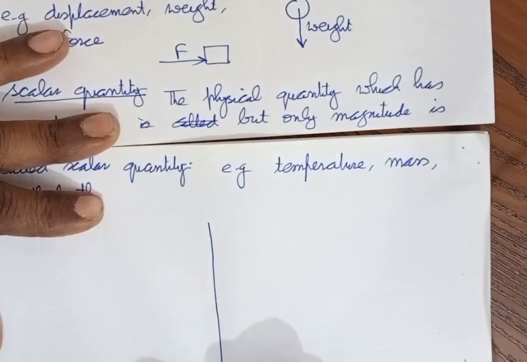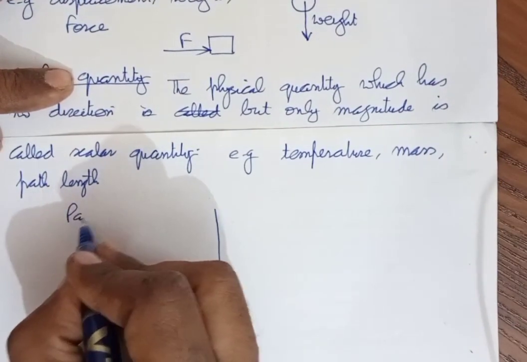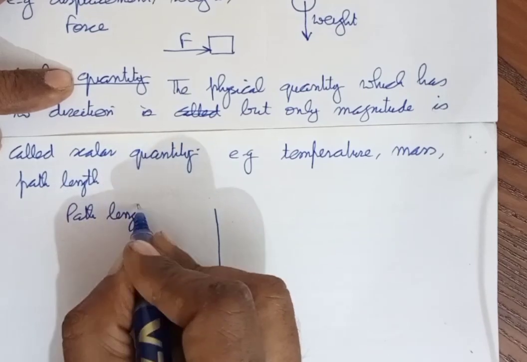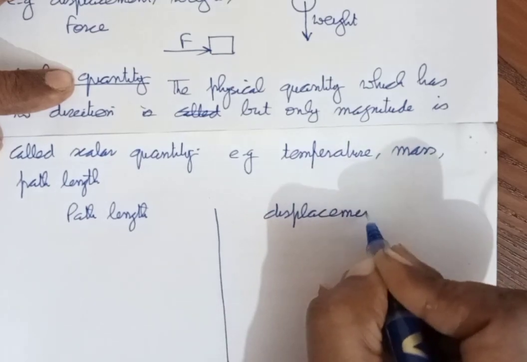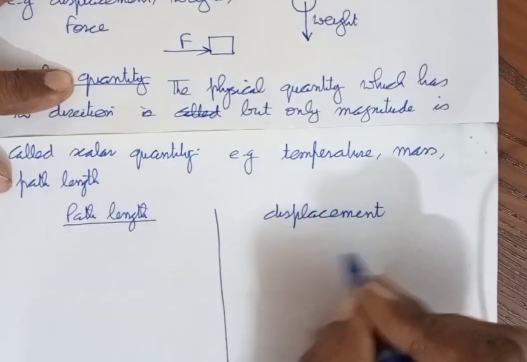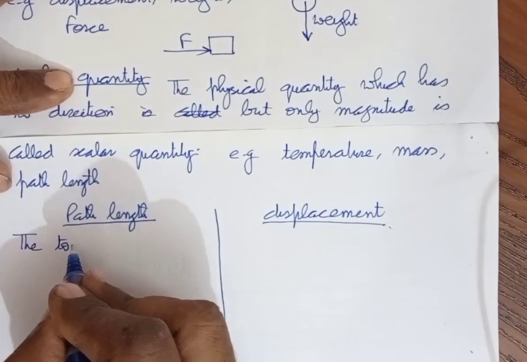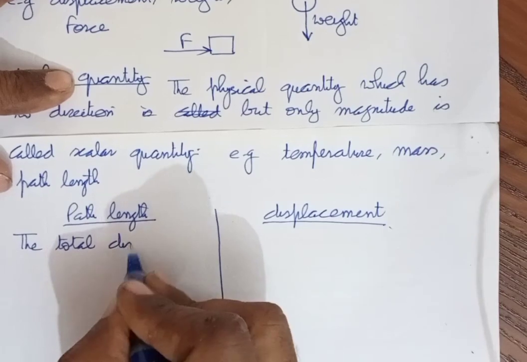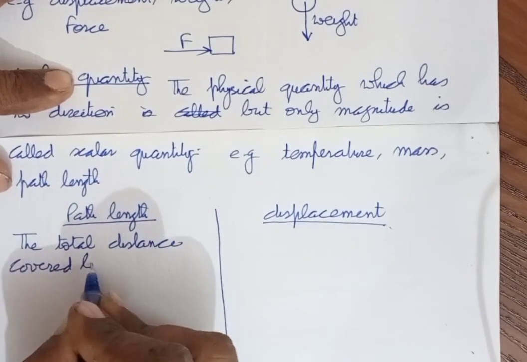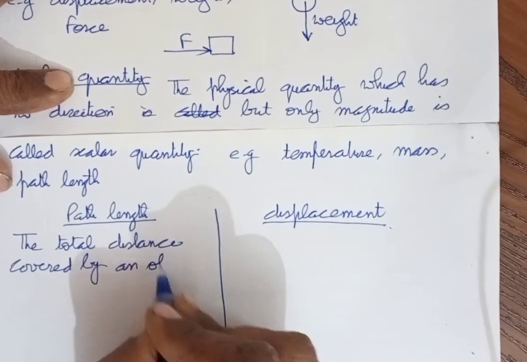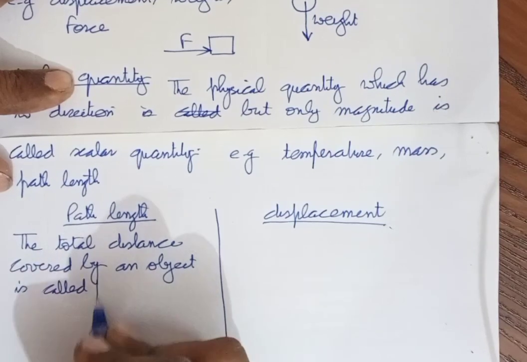There is a difference between path length and displacement. The total distance covered by an object is called path length.